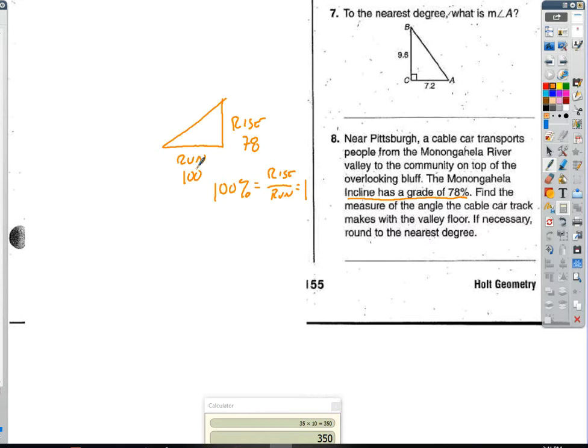So we want to find this angle, and we know that the tangent of angle theta is equal to the opposite over the adjacent, which means we have 78 over 100.